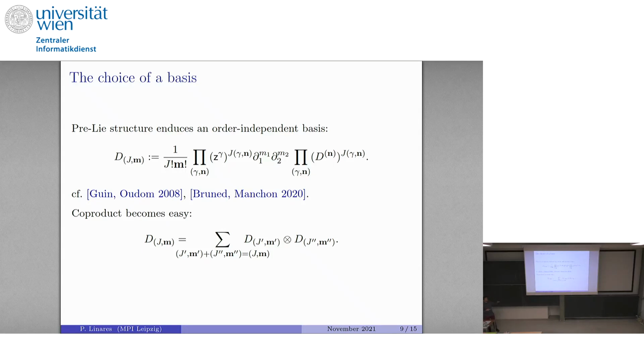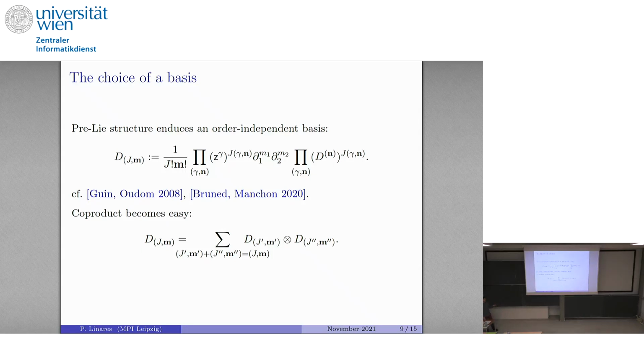So in the end, we can generate elements which look like this in the universal enveloping algebra. And now since the multiplication operations and the derivation operations commute among themselves, this new element D_j^m is actually order independent. So we don't get a Poincaré-Birkhoff-Witt basis, which would require an ordering in a set of generators of the Lie algebra. We actually do this transformation, so we take this basis, which is order independent.